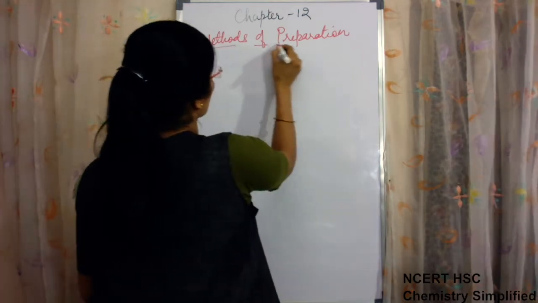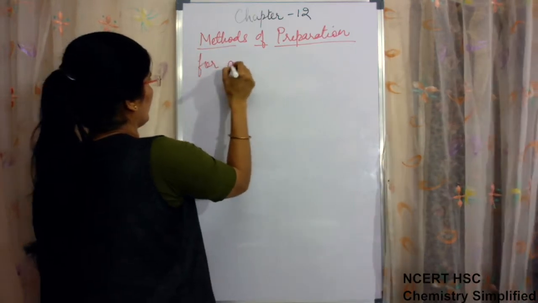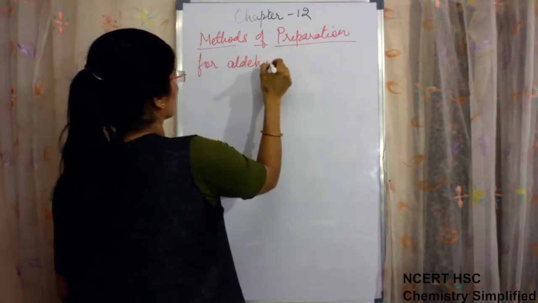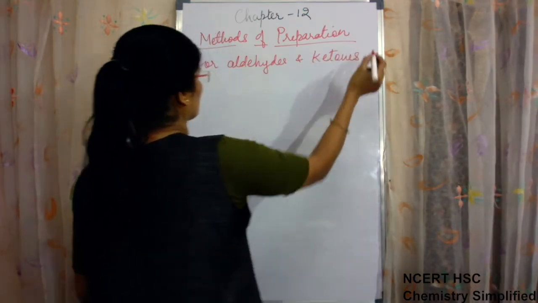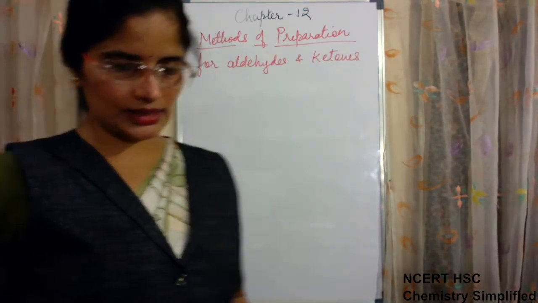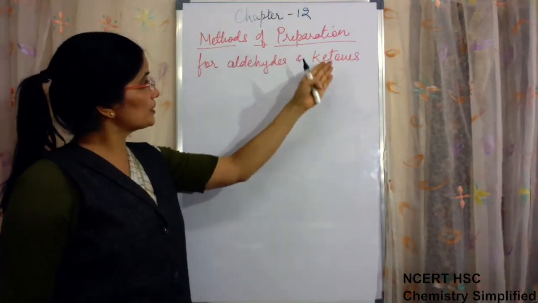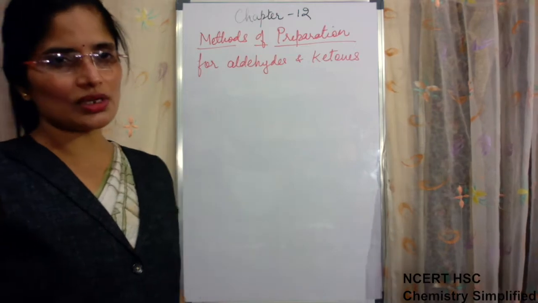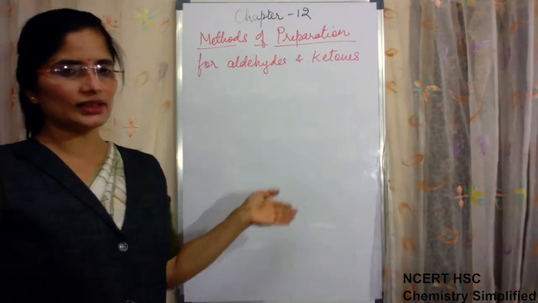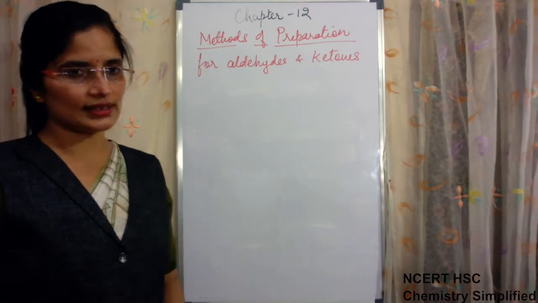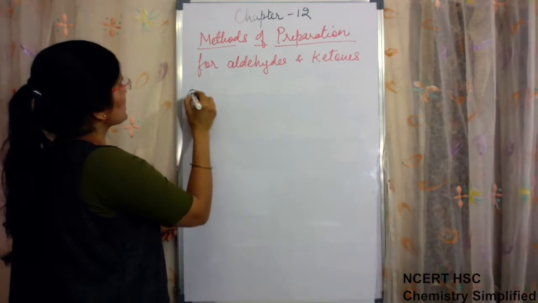So, methods of preparation for aldehydes and ketones, common methods. Now all these methods, which we are going to study under the heading of methods of preparation common for aldehydes and ketones, are old reactions already done by you either in the previous chapter or in class 11.